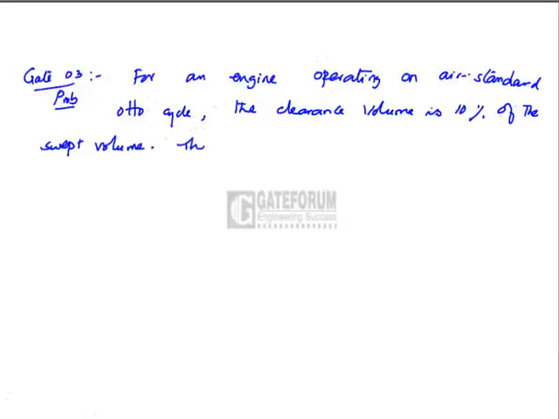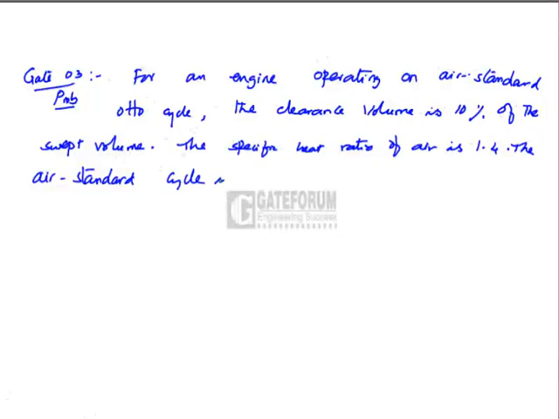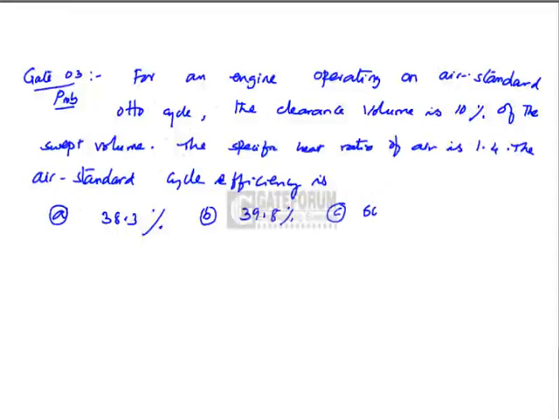The specific heat ratio of air is 1.4. The air standard cycle efficiency is A 38.3%, B 39.8%, C 60.2%, D 61.7%.